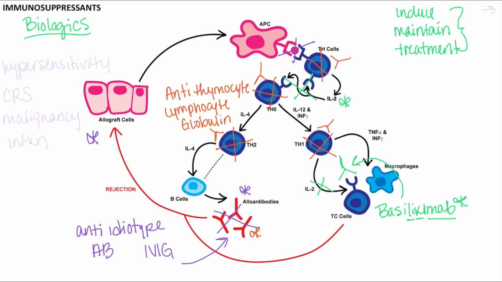So based on these mechanisms, IVIG is going to be a potential treatment option for rejection when a humoral immune response is involved.